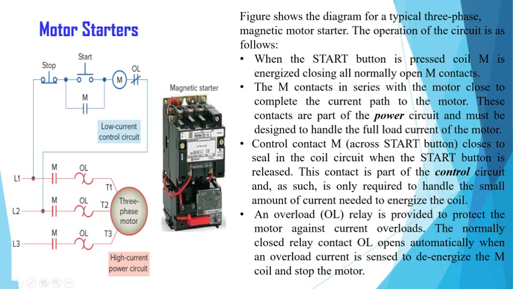An overload relay is provided to protect the motor against current overloads. The normally closed relay contact OL opens automatically when an overload current is sensed, to de-energize the M coil and stop the motor at the same time.